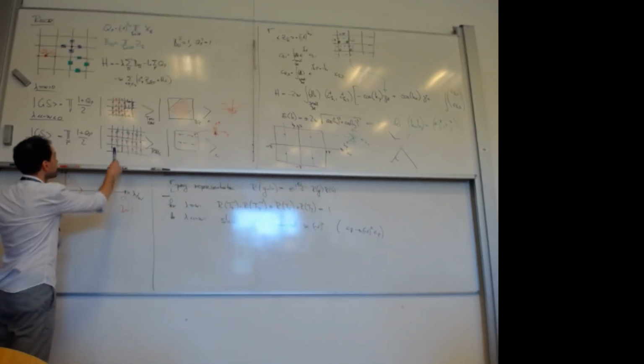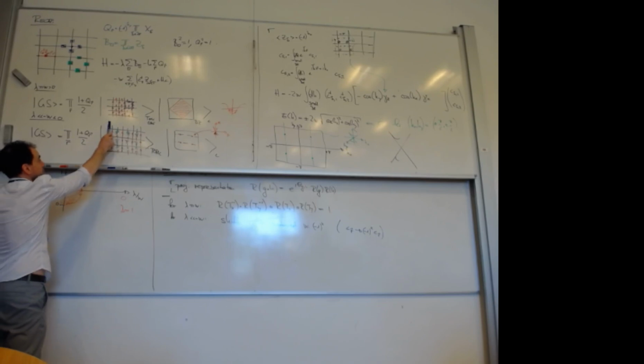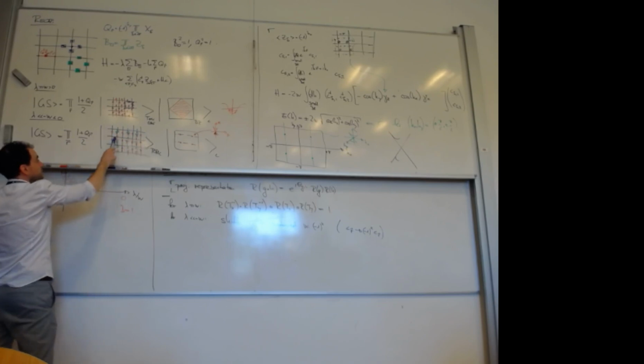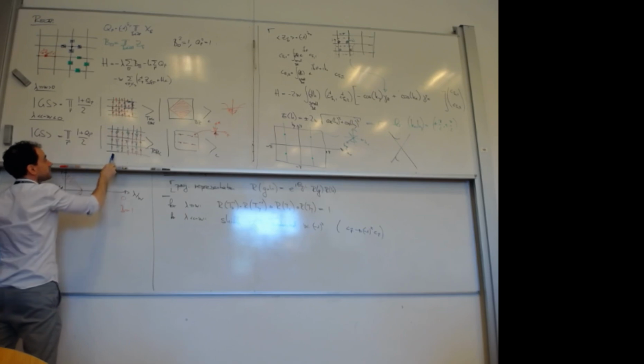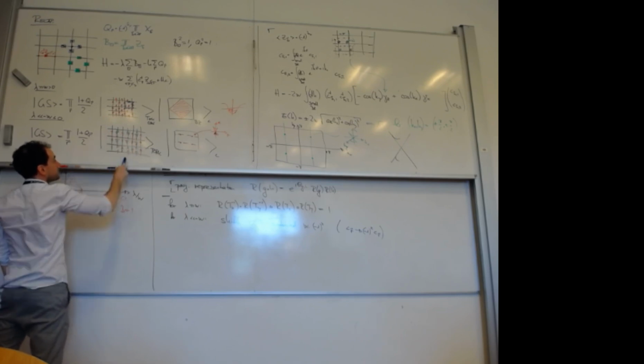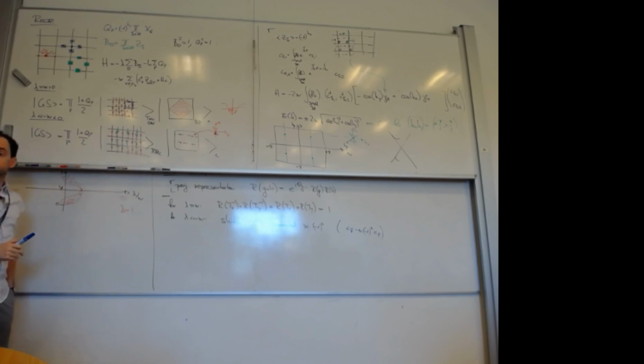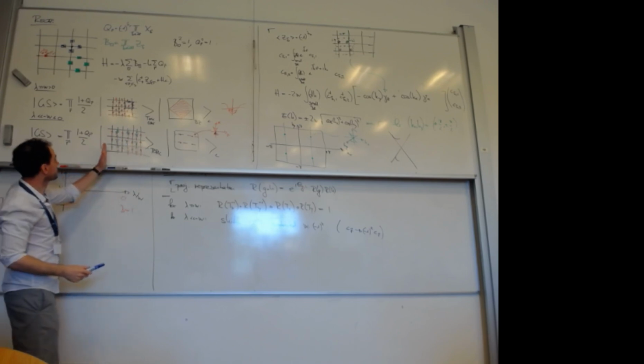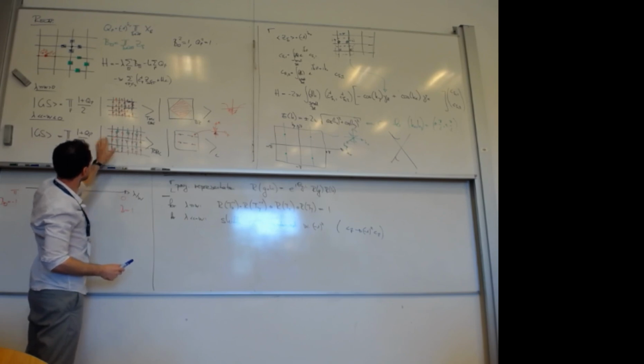It means that my hopping, my fermions get a minus sign on every other column, and thereby here or everywhere we get a minus sign for the hopping in this direction. So I get everywhere a minus sign here on these hoppings.